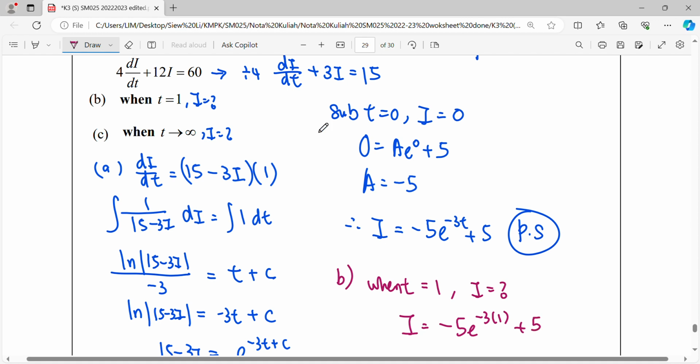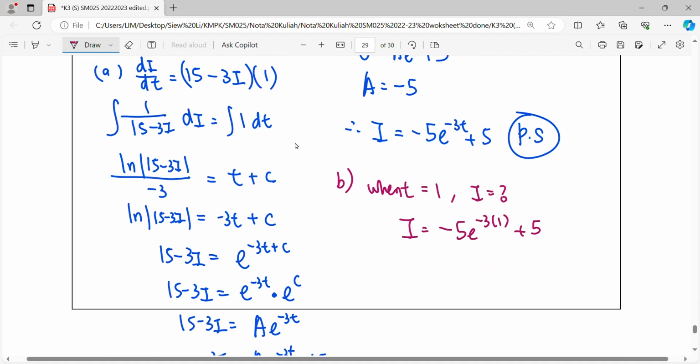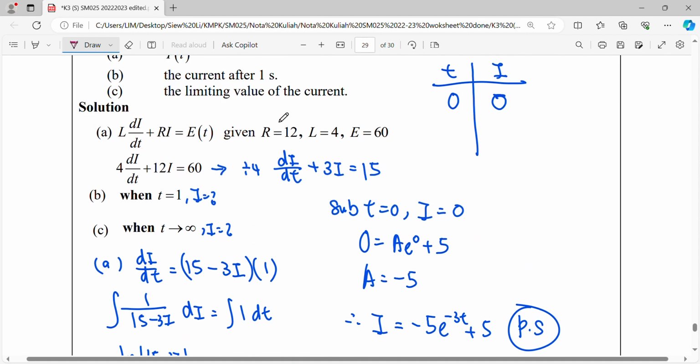So this one we just evaluate by using a calculator. So the current, in ampere unit.